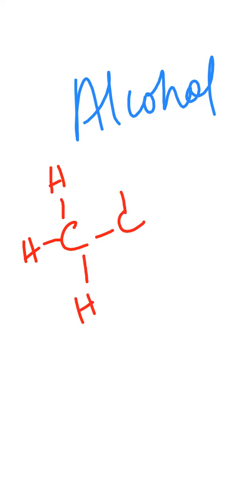Let me show you one substitution for today's class. I am using the commonest alcohol, ethanol, which is a very easy reaction to learn. That is the easiest alcohol. What do we have to do? Substitution of alcohol. And definitely we have to go for a substitution reaction because there is no double bond, so we cannot add anything.